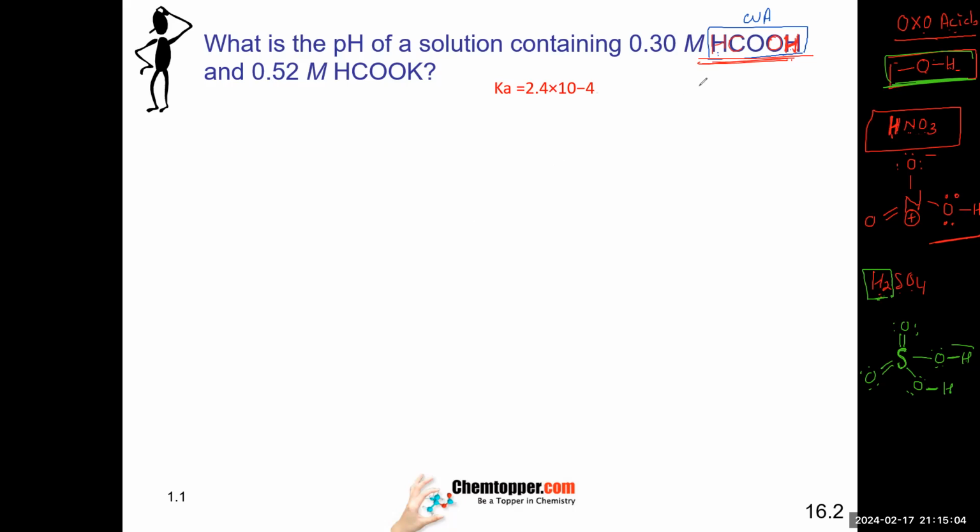So back to the question. This is a weak acid. What is the conjugate base of this weak acid? Write down the conjugate base. Remove this hydrogen. The conjugate base is... you are removing the wrong hydrogen.